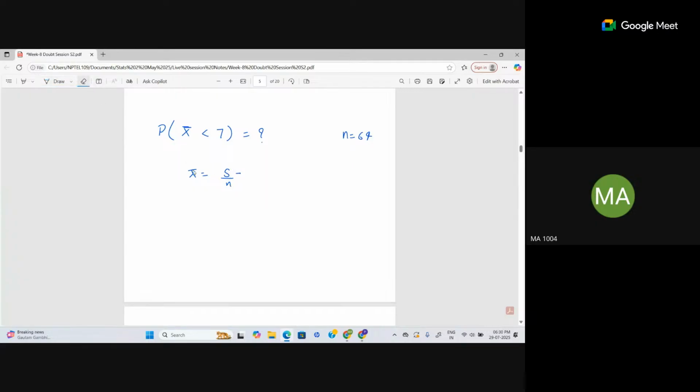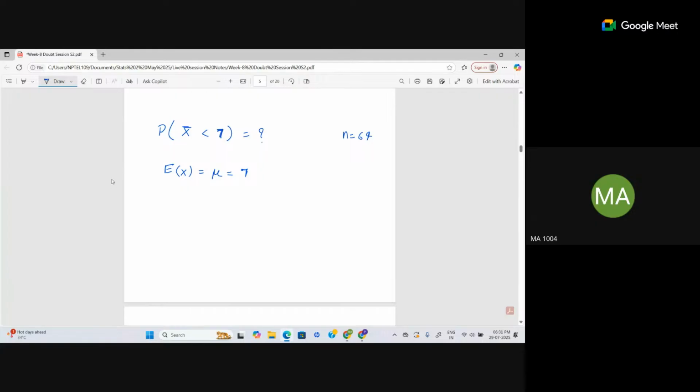You can use any of the methods. So expectation of x, we represent it as mu, which is 7. You can see that this value is also 7, so that does not matter.